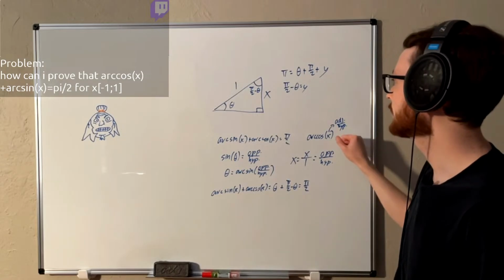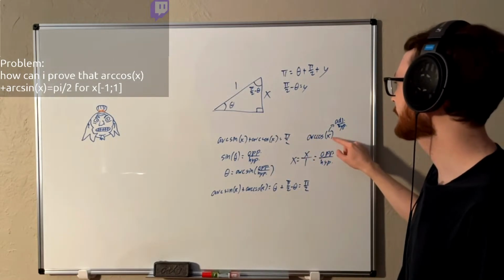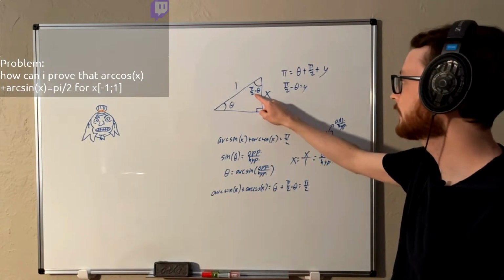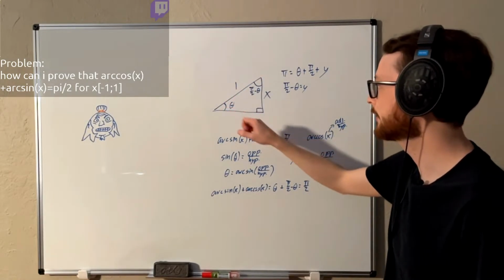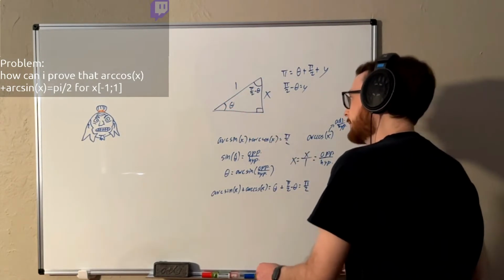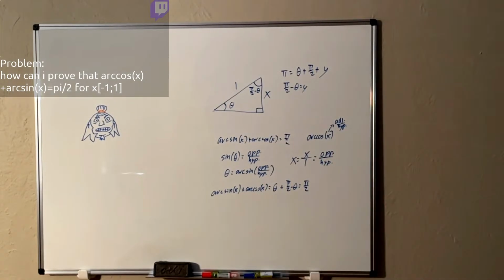And so in order for arc cosine to have x inside it, it must refer to this angle here because x is adjacent to this angle. And then the hypotenuse is always the hypotenuse. And that's the piece that I wanted to justify. No worries, Malik. Thank you for the question.